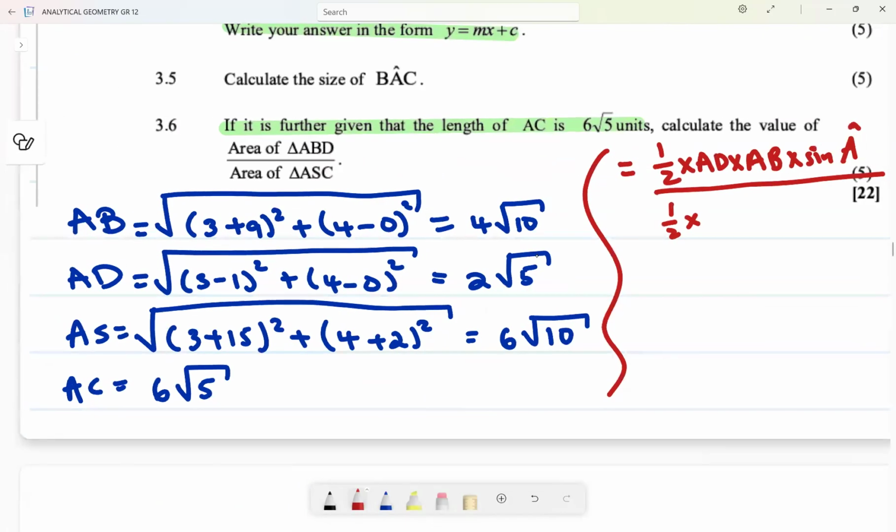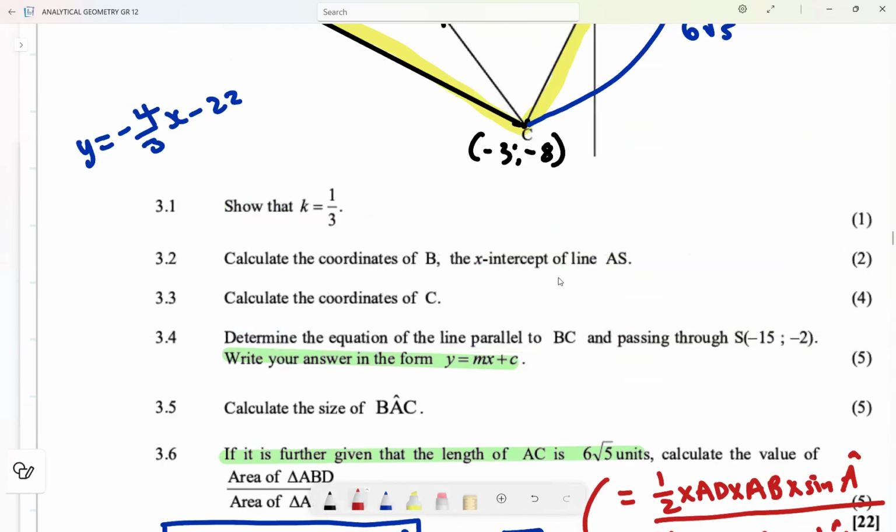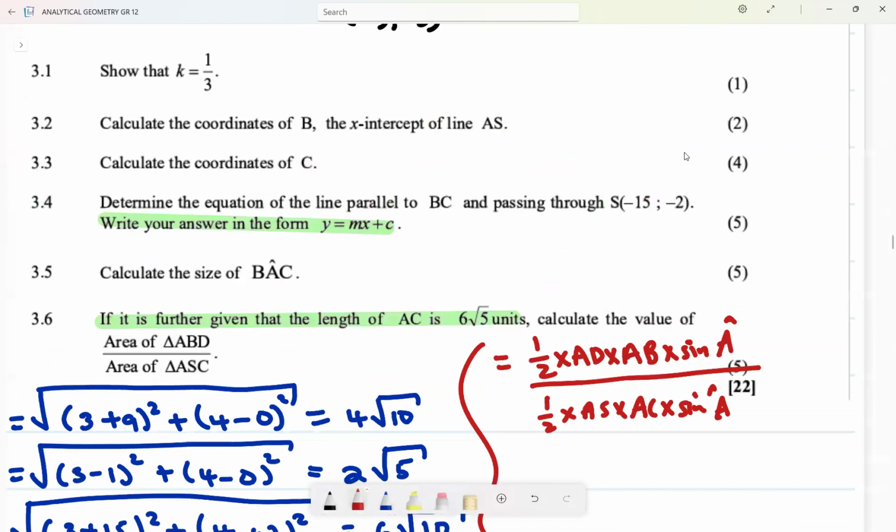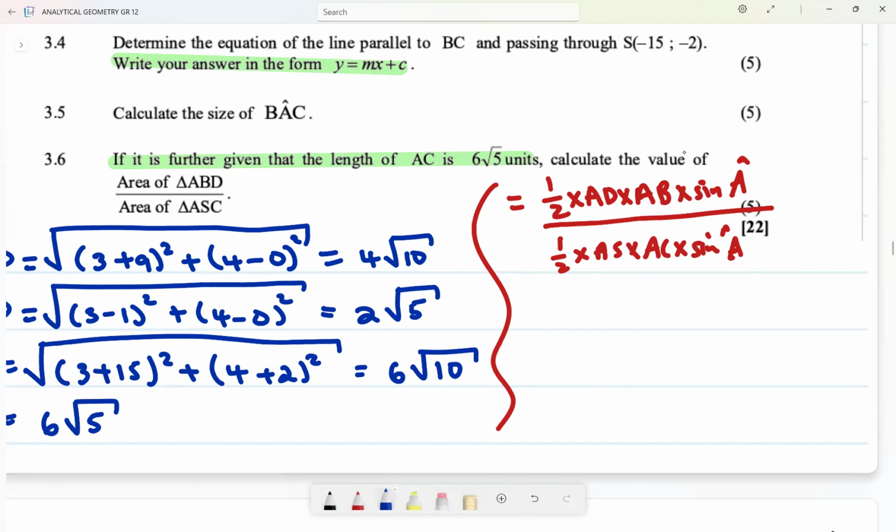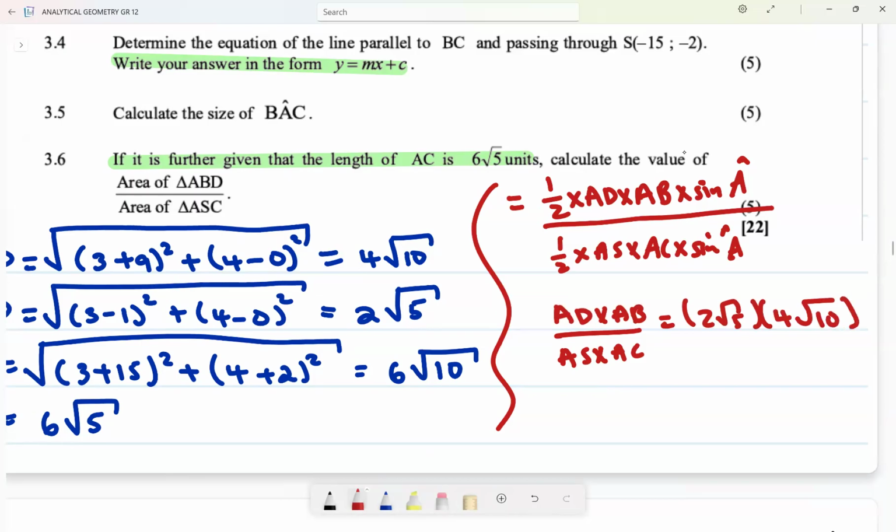AS times AC times, can you see it is also using the very same angle, angle A. Therefore, I can cancel off the halves as well as the sine of A. So I'm basically left with AD multiplied by AB divided by AS multiplied by AC, which is 2 root 5 multiplied by 4 root 10, which is AB, and then I'm going to divide all of that by AS, which is 6 root 10, and then this is 6 root 5.